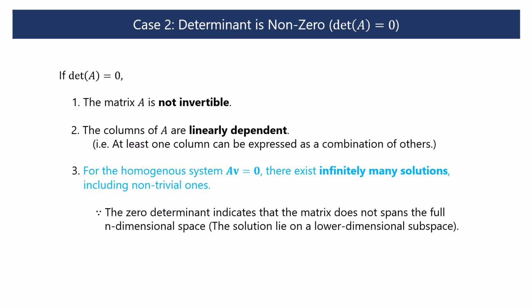Third, for the homogeneous system, there exist infinitely many solutions, including non-trivial ones. This happens because the zero determinant indicates that A does not span the entire n-dimensional space. Instead, the solutions lie on a lower dimensional subspace.